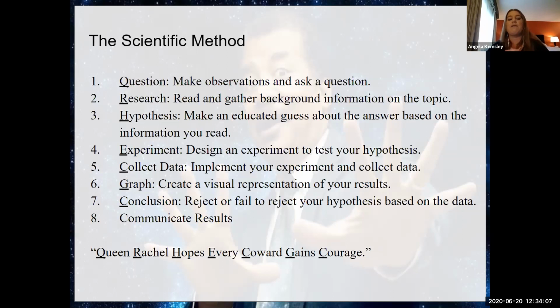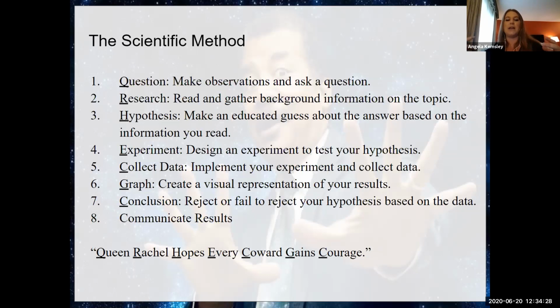You might have seen different versions of this, but it usually goes something like you make an observation and you ask a question about it. You do some research, you read, you watch videos, you ask other people, you try to get some background information to help you answer that question. Then you make a hypothesis, an educated guess about what's going on.